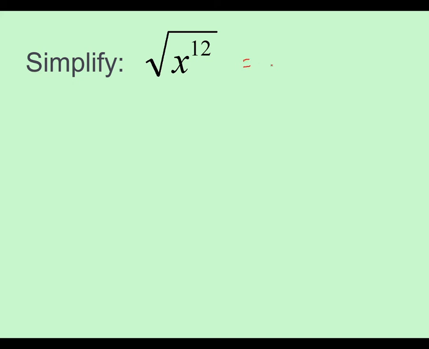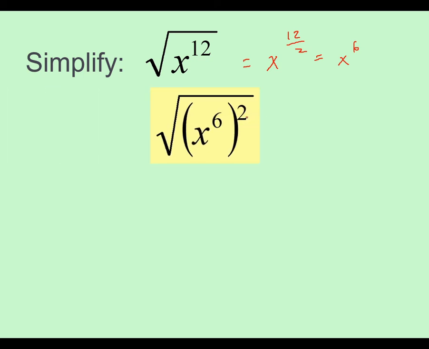Ang isang paraan dyan, pwede nyo i-transform into rational exponent, which is this become 12 over 2. So, 12 over 2 is x raised to 6. No? So, bahala na kayo kung alin ang gagamitin nyo. But, ang instruction, pwedeng ganito. No?